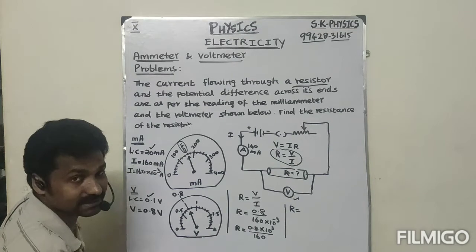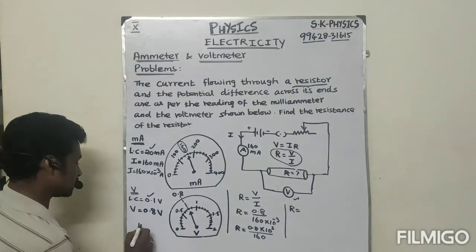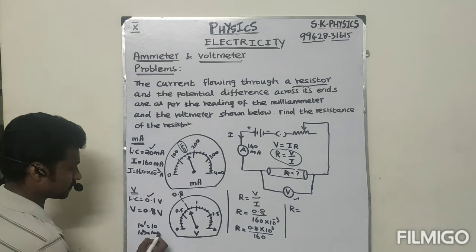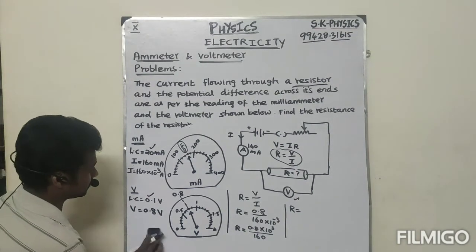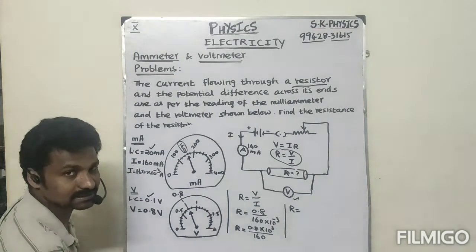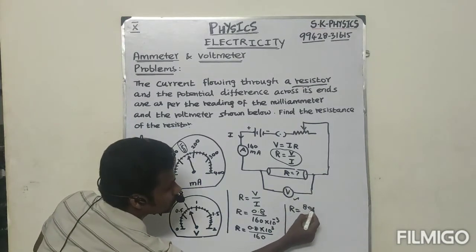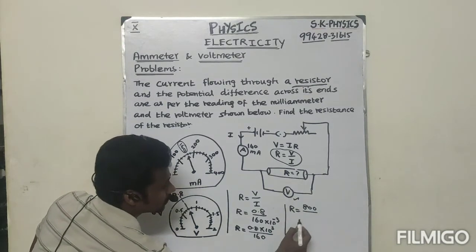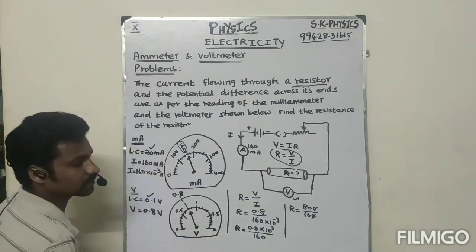10 power 1 is nothing but 10. 10 power 2 is nothing but 100. 10 power 3 is nothing but 1000. So now I can write 0.8 into 1000, that is 800, divided by 160. The 0 cancels.